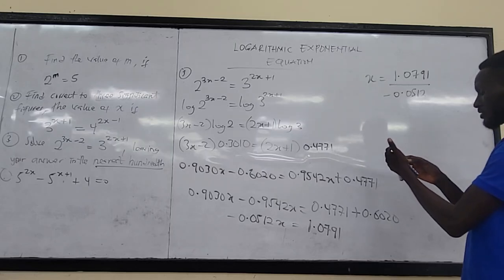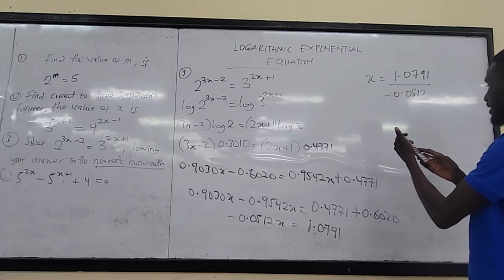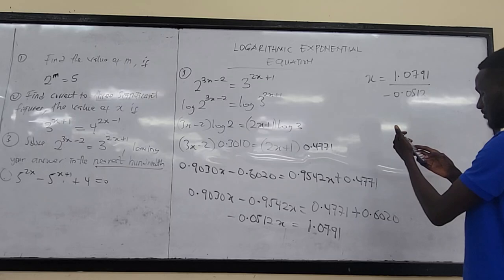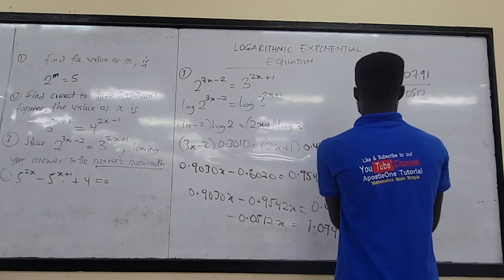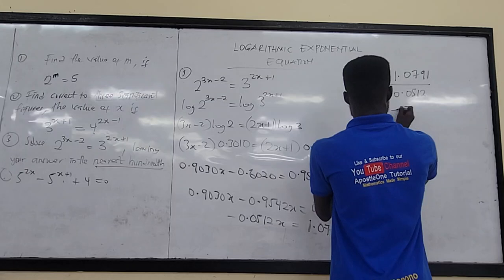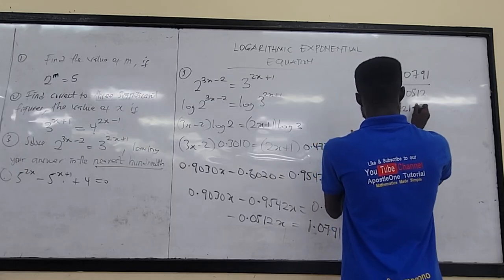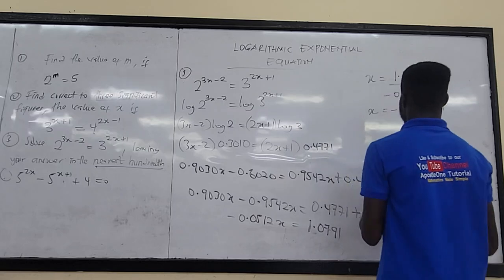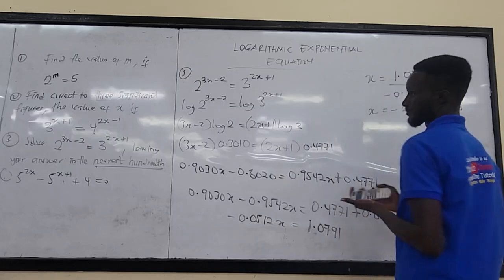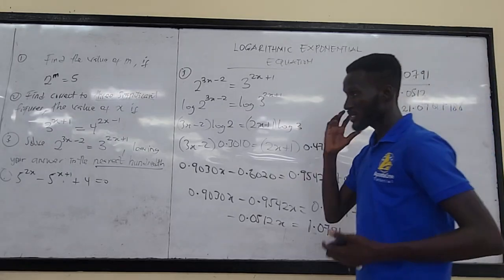So x is equal to minus 21.07617. So this is the answer.